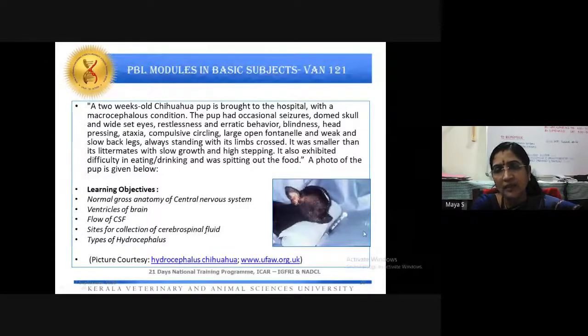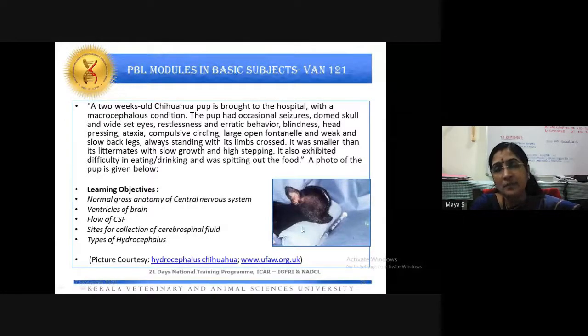So when we give this picture of a pup with a larger sized head, our learning objective will be for the students to find out what the different reasons are behind the larger sized head of a pup. And if it is given in a neurology course, is there any difference in the brain? What are the brain abnormalities which may lead to this condition? So like that, the learning objective goes.